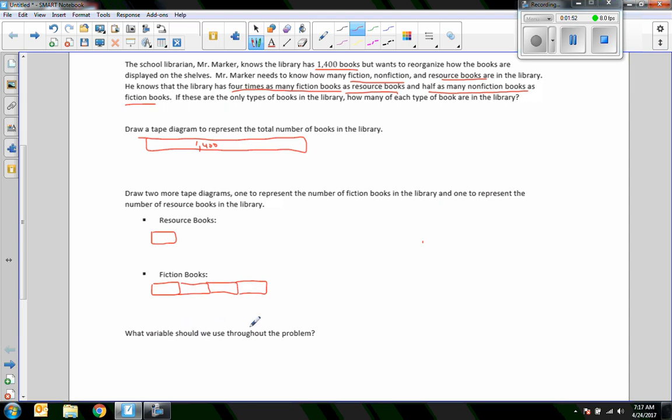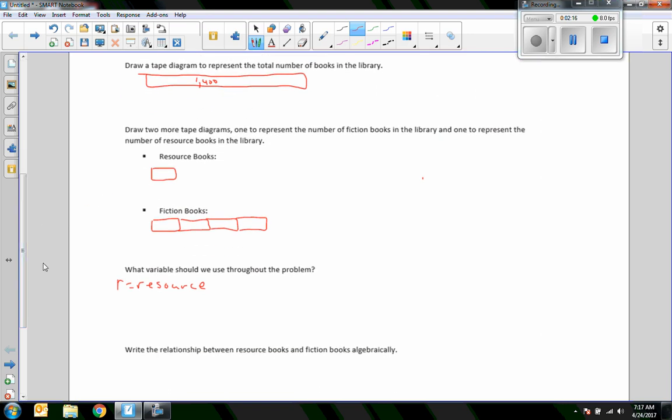What variable should we use throughout the problem? I will use R for resource books, because it represents the fewest amount of books. So you always start with the fewest. Okay.